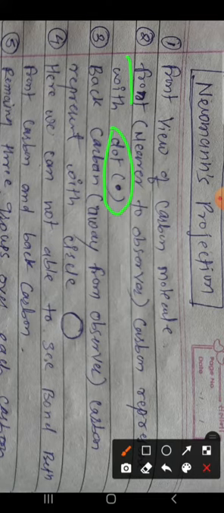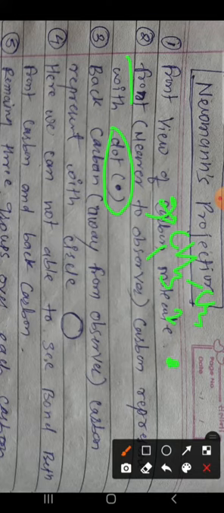Okay, and then the rear carbon. Like this, I am presenting this ethane molecule. This is the ethane molecule. This is the first carbon and this is the second carbon. I am observing from this side. This is the first carbon, so the first carbon, the front carbon, is represented with a dot.